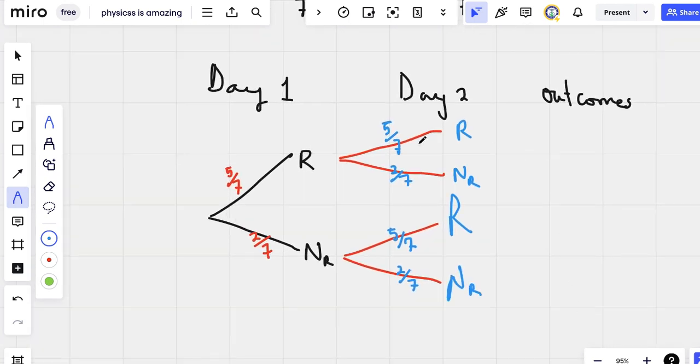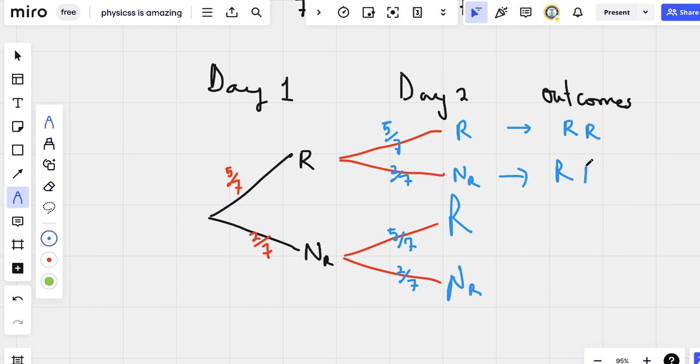Okay, so what are the outcomes? Because these are just 2 days, it's just 4 possible outcomes. Either it rains on the first day and rains on the second day, or it rains on the first day, which is this branch, but does not rain on the second day.